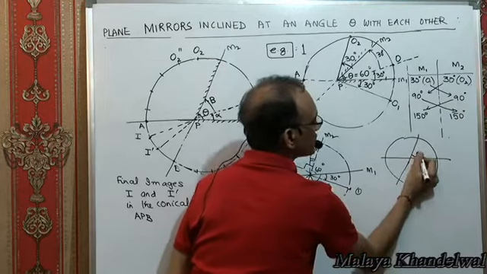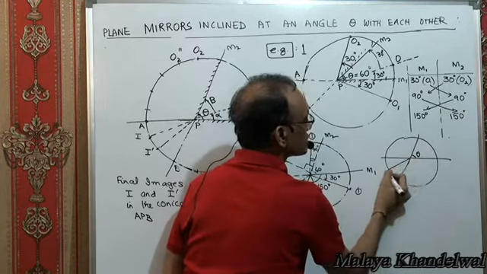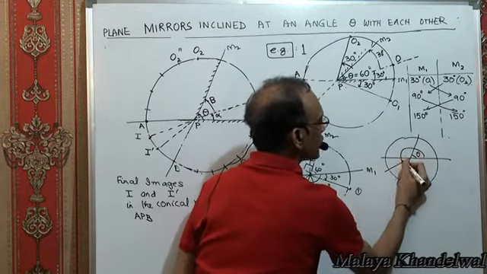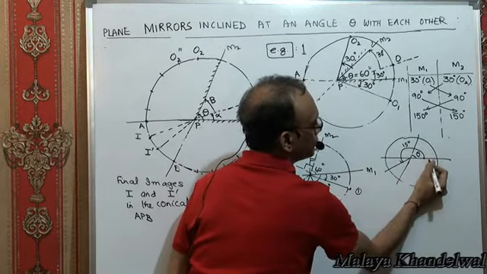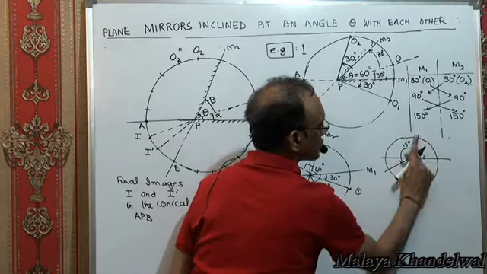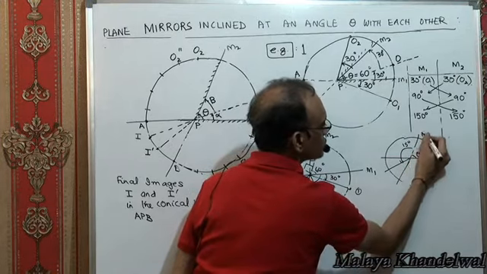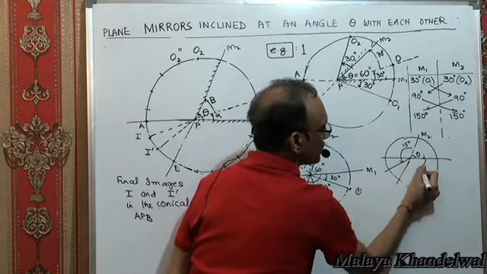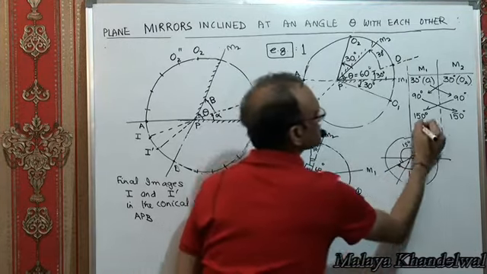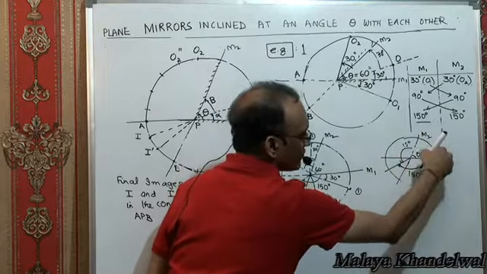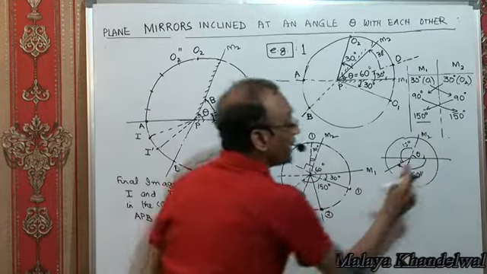this was angle theta equal to 60 degrees, and this is 150 degrees from M2. There is 150 degrees from M1. The last images, 150 degrees from M2 and 150 degrees from M1. And look at this theta.